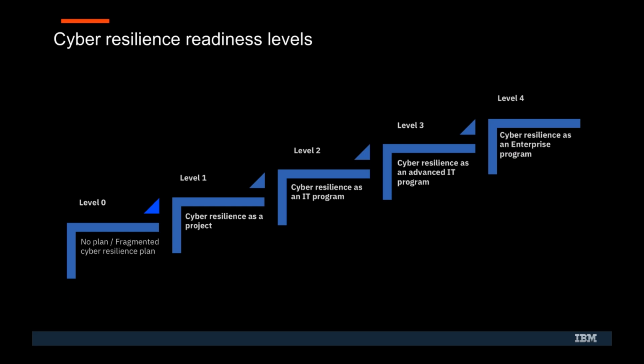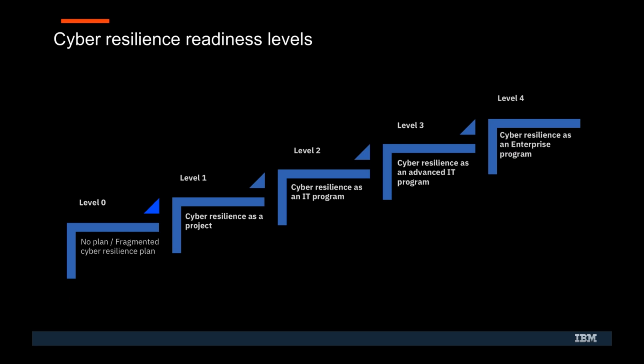Now, that's not really the case for a lot of organizations today, and so we recognize that and have put together a cyber resilience readiness level. Level 0 is I don't really have a plan. That plan is fragmented. Level 1 is I have some targeted projects for cyber resilience. Level 2 is sort of across IT, we have a plan in place.